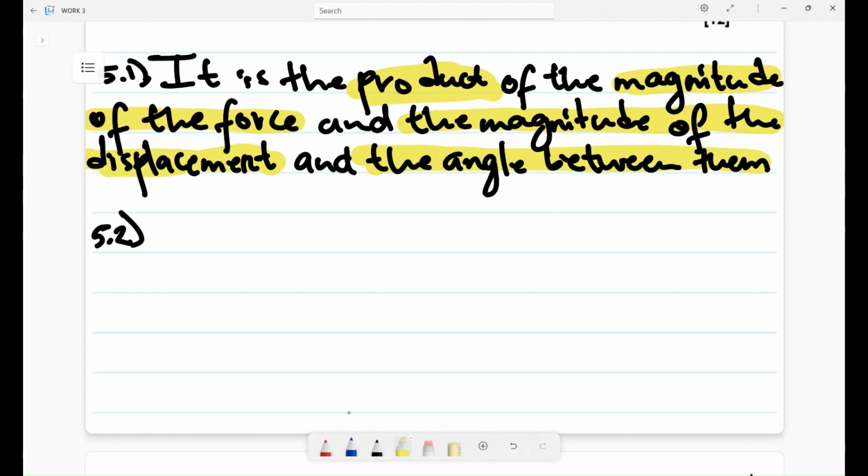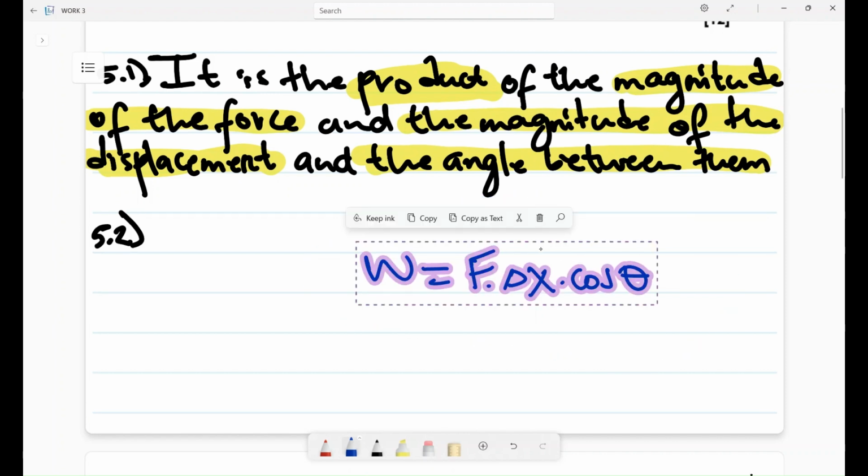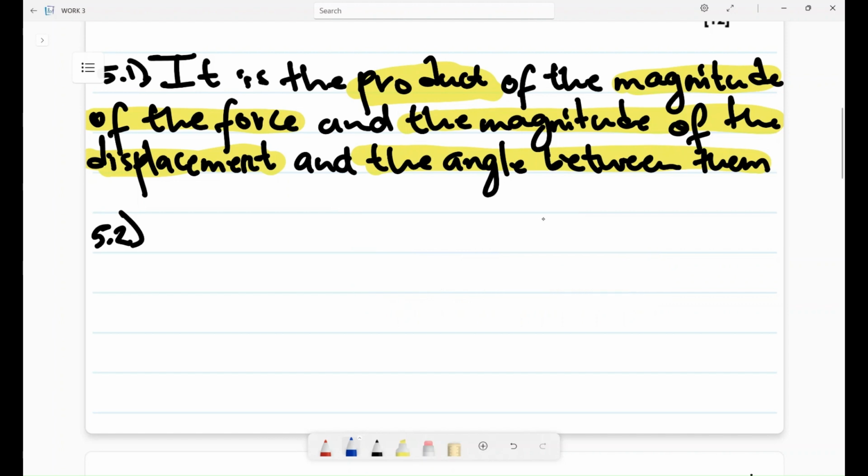From the formula, remember, work is given as the product of the magnitude of the force and the magnitude of the displacement, this is change in x, then multiplied by the cosine of the angle. So from the formula here, you can define.